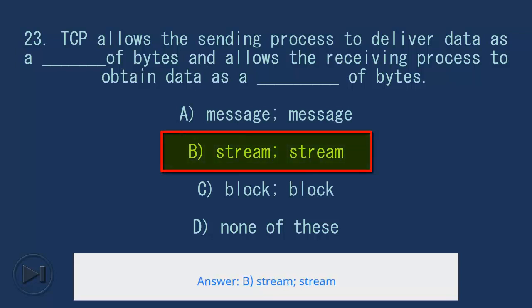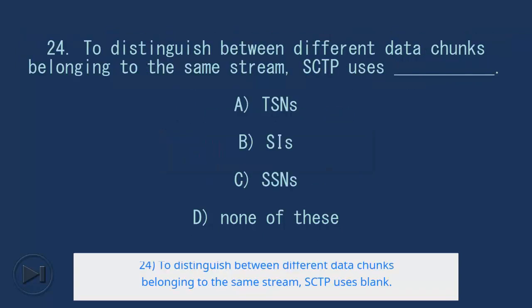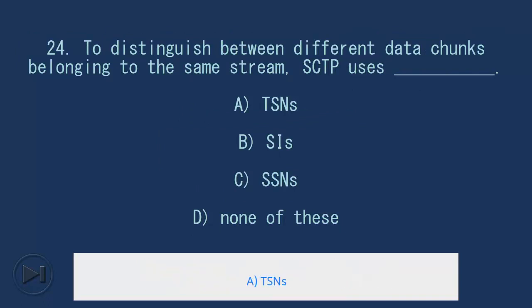Answer, B. Stream, stream. 24. To distinguish between different data chunks belonging to the same stream, SCTP uses blank. A. TSNs. B. SYS. C. SSNs. D. None of these. Answer, C. SSNs.